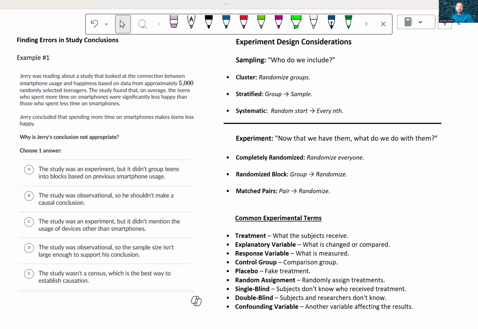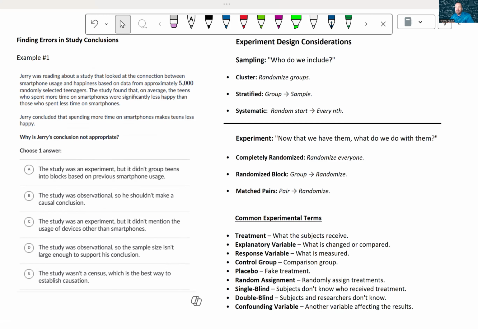Okay, so we have all our definitions here. Our first step is to identify if this is an observational study or an experiment. It looks like this study doesn't impose a treatment, and it observed smartphone usage and happiness.